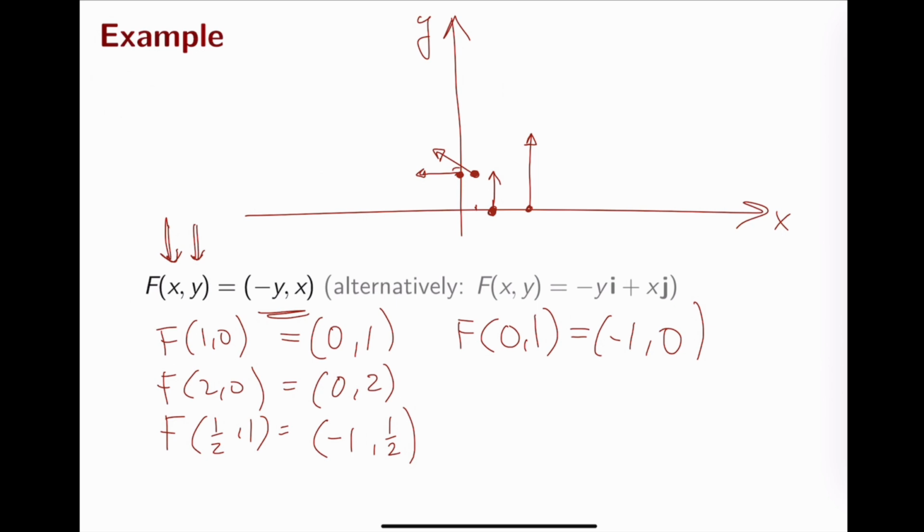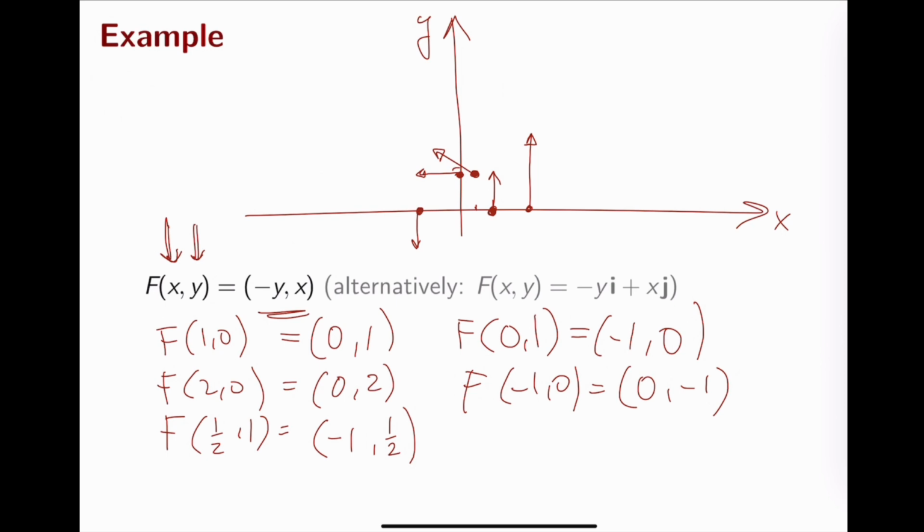Let's continue with some other one, f at, let's say, (-1, 0). That is this point here. We evaluate here, and the result is (0, -1): 0 of x, -1 of y, something like this.